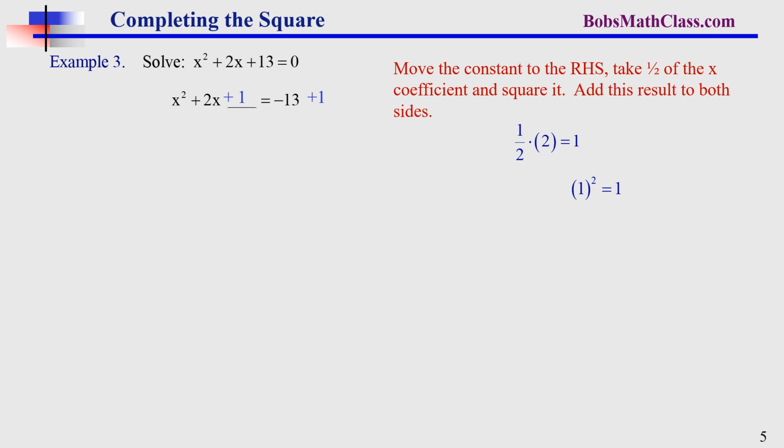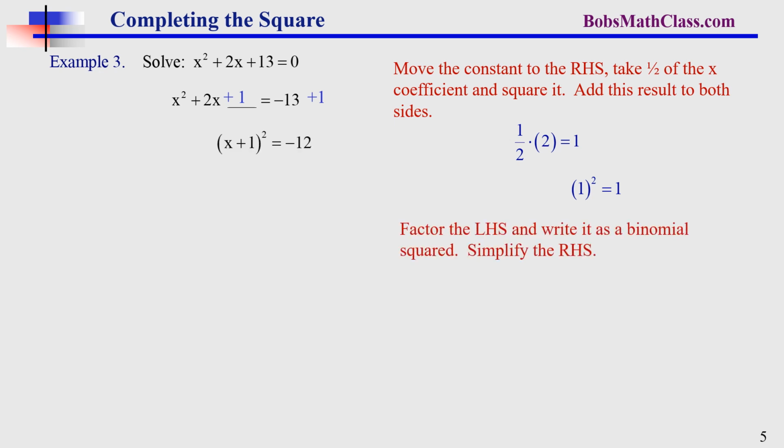So now we don't have to really work hard at factoring that, do we? It's going to be inside the parentheses, x, and then the number before you square it, or 1/2 of the x coefficient. It's a 1. Is it a positive 1 or a negative 1? Positive, so it's going to be x plus 1 squared. And on the right-hand side, we simplify that. Negative 13 plus 1 is negative 12.